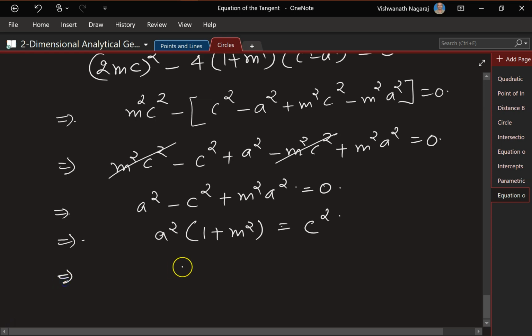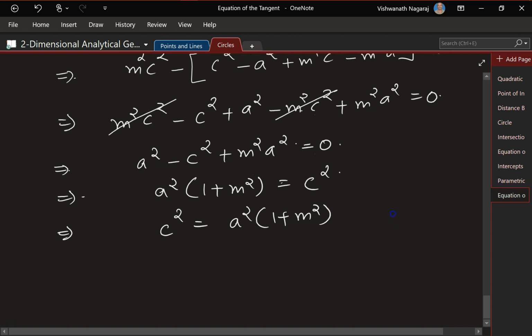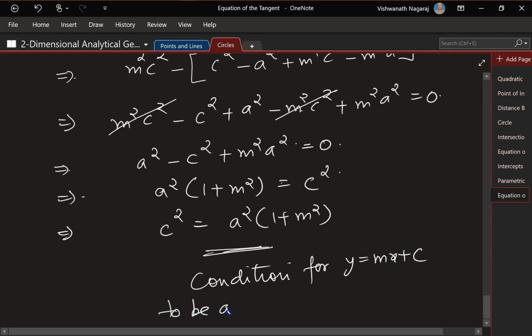Or in other way, we can write this as c square is equal to a square into 1 plus m square. Now this is the condition that has to be true for the line mx plus c to be a tangent to the circle at origin.